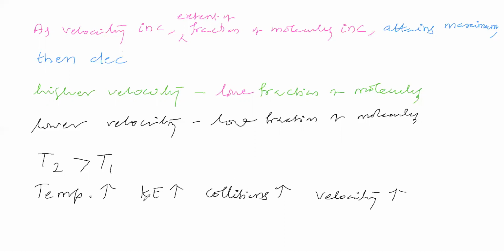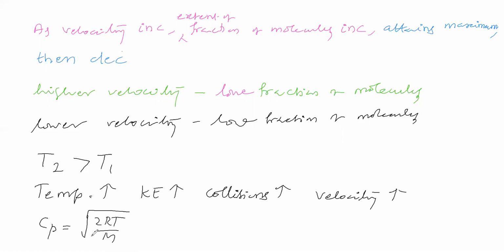Okay, so this is what happens. Most probable velocity is equal to the square root of 2RT by m. If the gas is fixed, molecular mass is fixed.